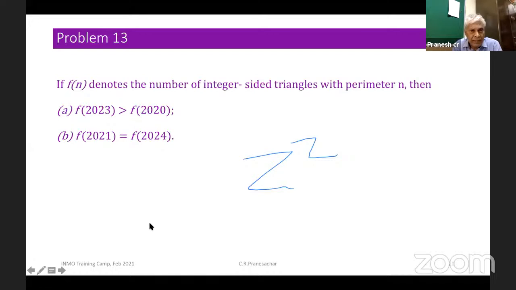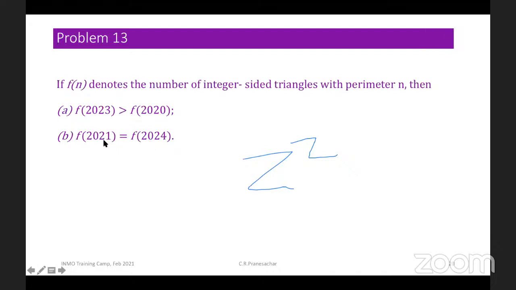The number of triangles with 2023 as perimeter is greater than the number of triangles with perimeter 2020. Of course, you may expect this because the perimeter is bigger, but all the sides should be integers. But surprisingly, F2021 will be the same as F2024, even though 2024 is bigger than 2021.